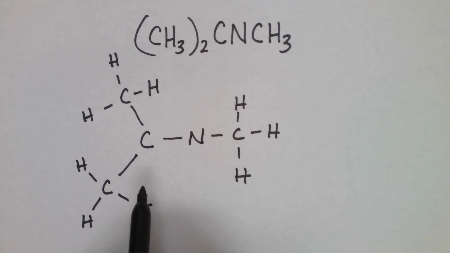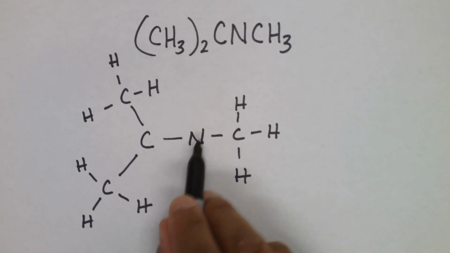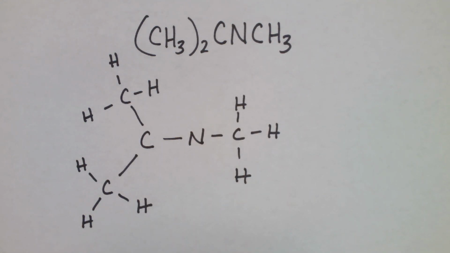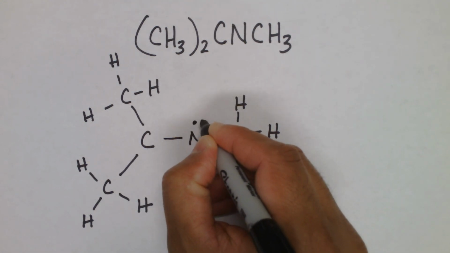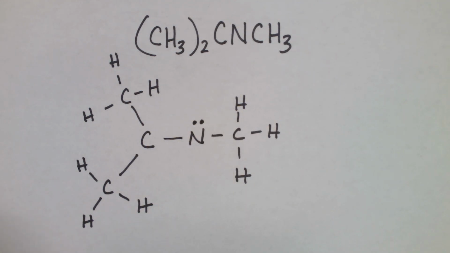The common bonding pattern for neutral carbon is 4 bonds and no lone pairs. This carbon only has 3 bonds. This nitrogen is neutral. The common bonding pattern should be 3 bonds and a lone pair. I'll draw in the lone pair here. And so you can see that nitrogen is missing a bond.